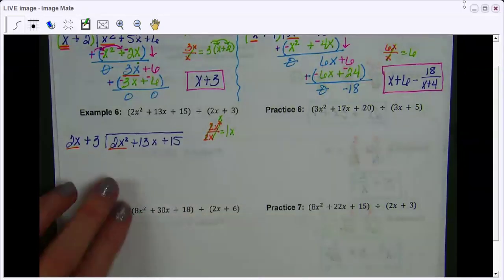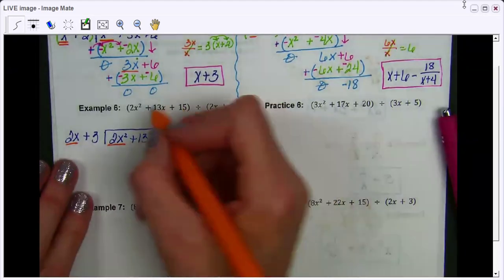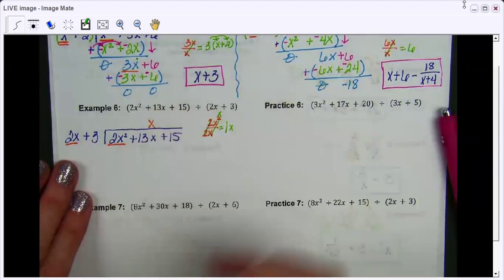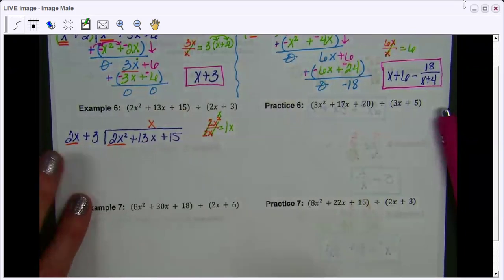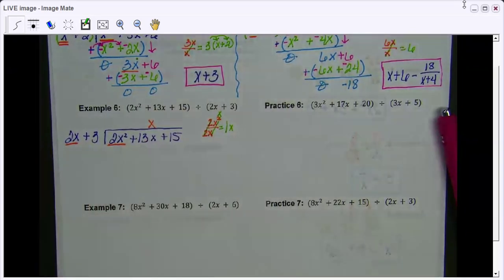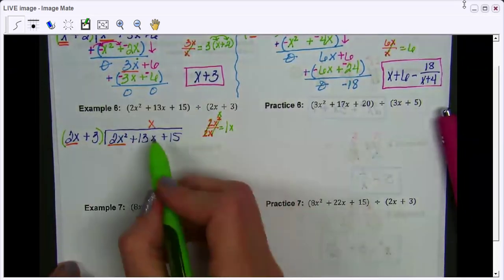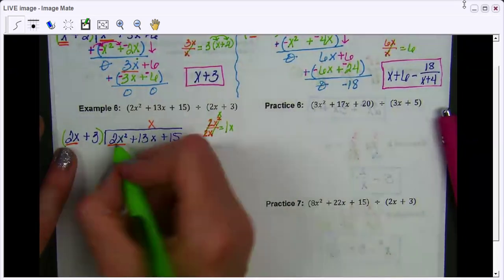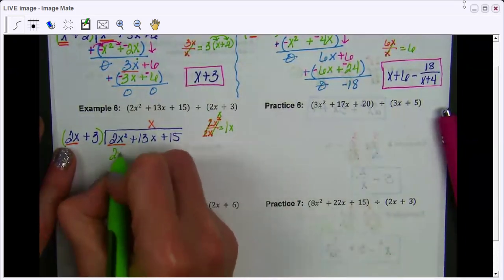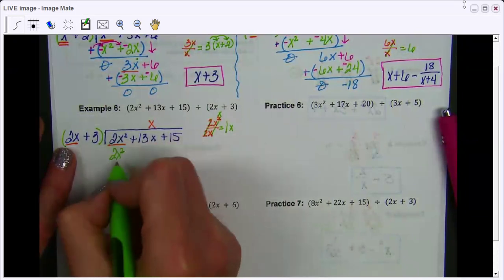So above my 13x, I'm going to put an x. And now everything else is the same as what we were just doing. We are now going to multiply. So x times 2x is 2x squared, and I did it right because I have the same term right here.